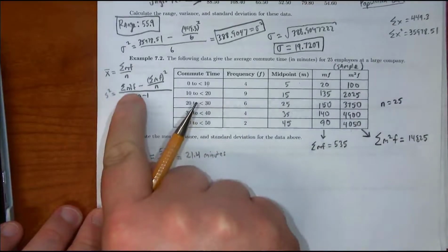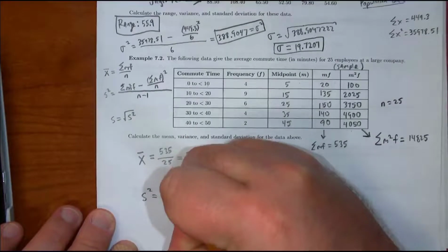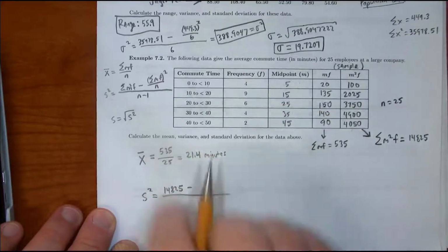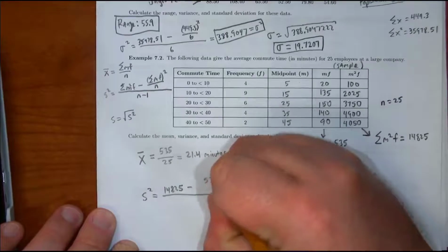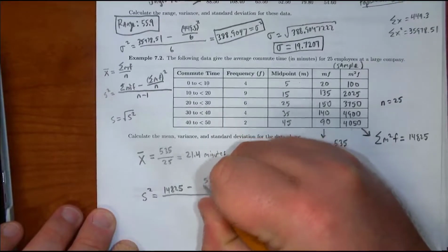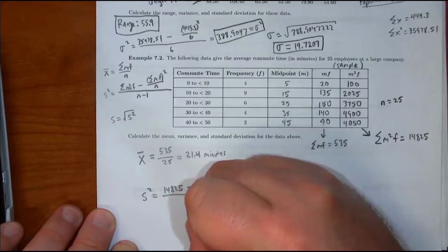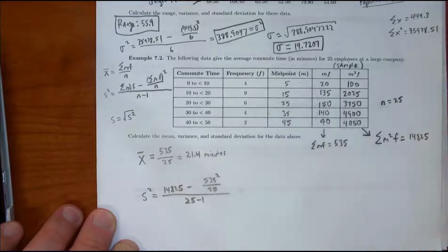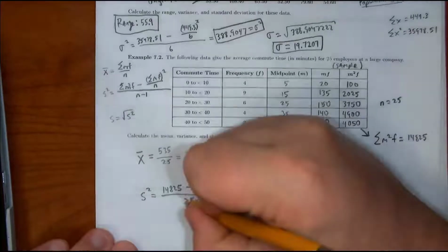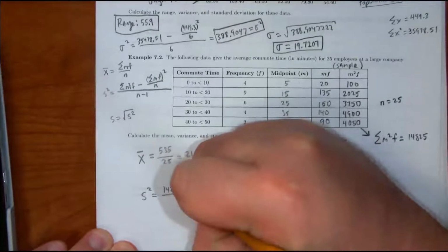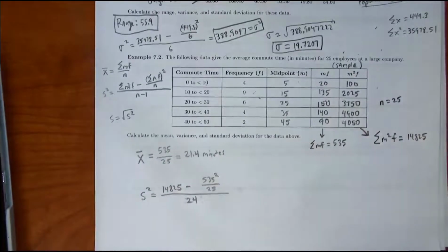It's the sum of the m squared f's, 14,825, minus the sum of the mf's, 535, squared divided by sample size, which was 25, divided by sample size minus 1. 24, basically. Let's go ahead and write 24. Divided by 24.